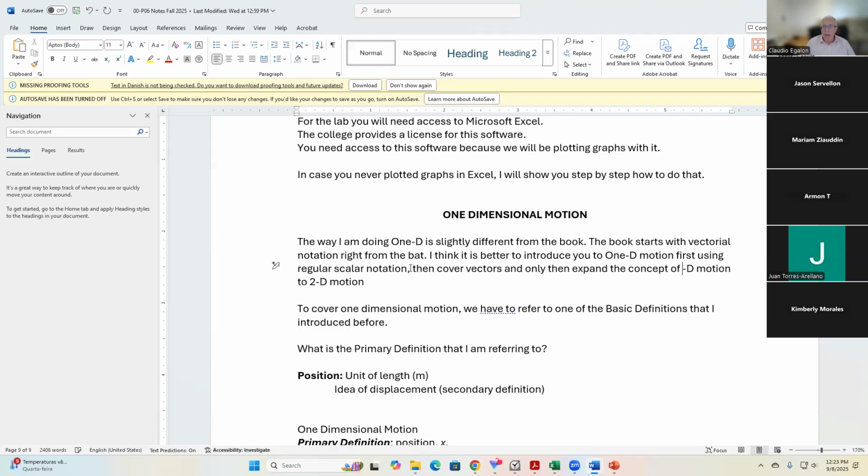The book just wants to cram 2D motion right from the beginning. So we're going to do it slightly different. I think it's better the way I do.